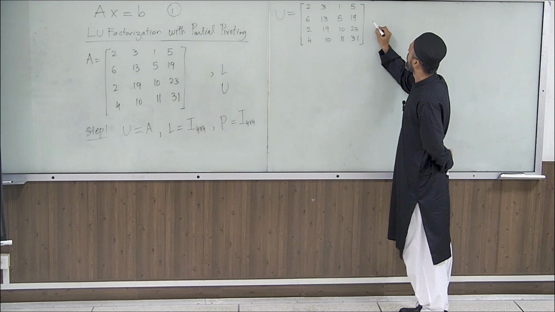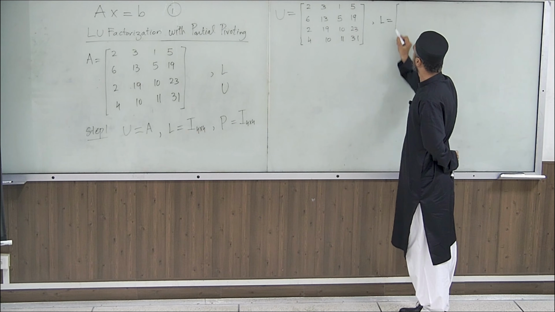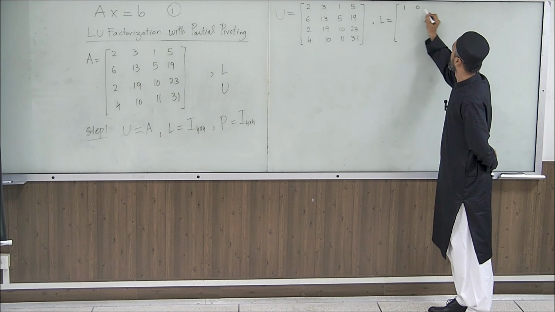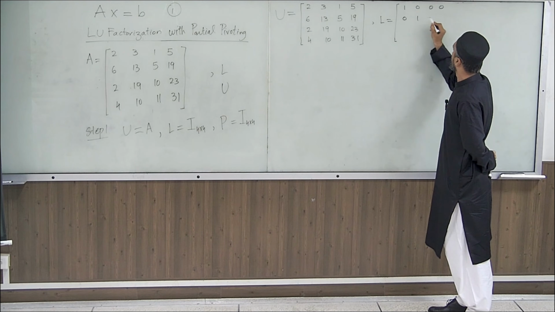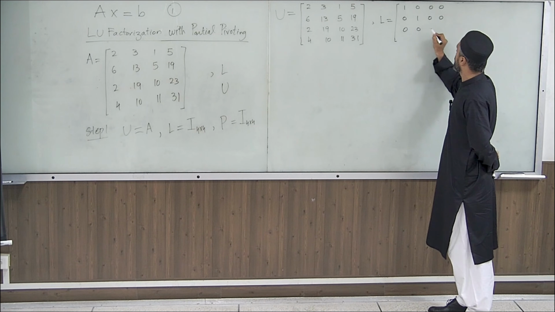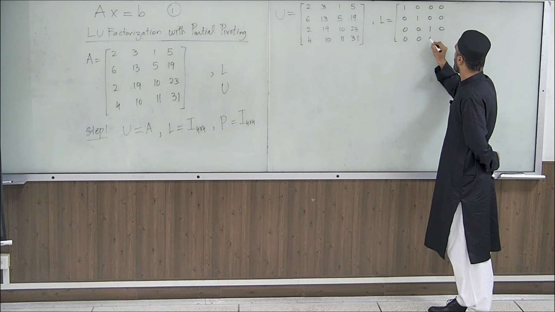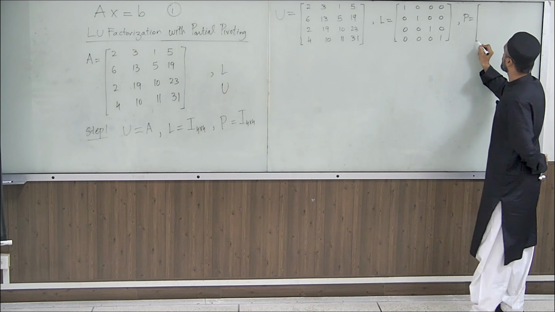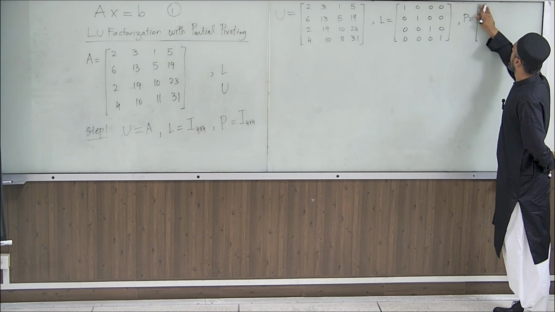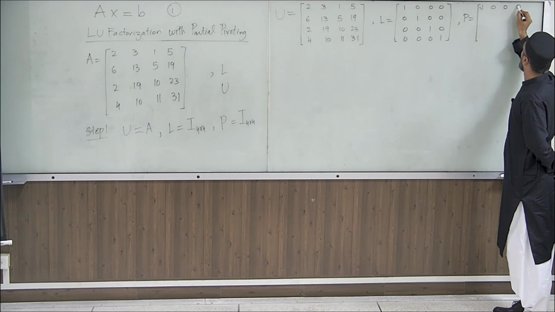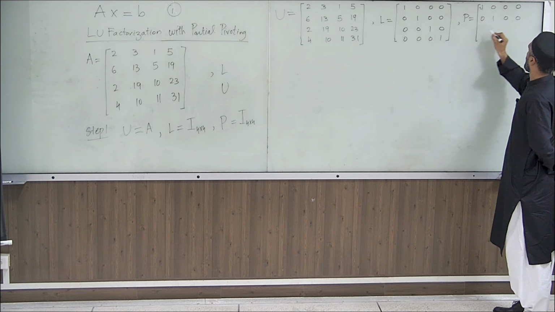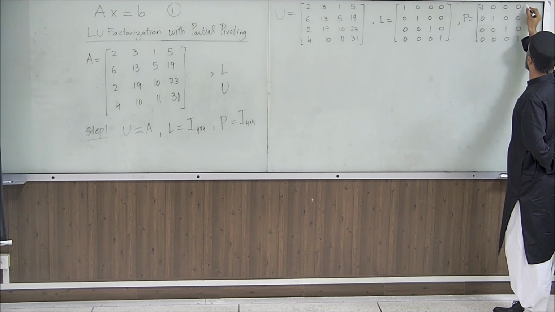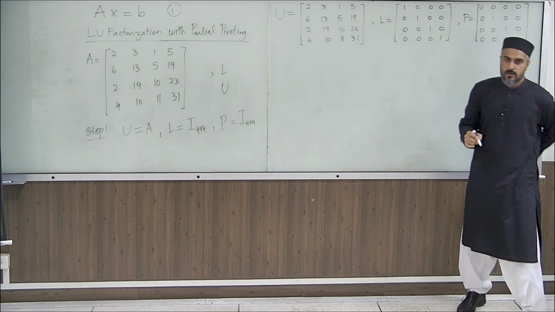Then we have a lower matrix, it's an identity matrix. Hopefully you know what an identity matrix is. It's the easiest one to remember. And P is also the same, an identity matrix of the same size as A. Okay. A lot of numbers.